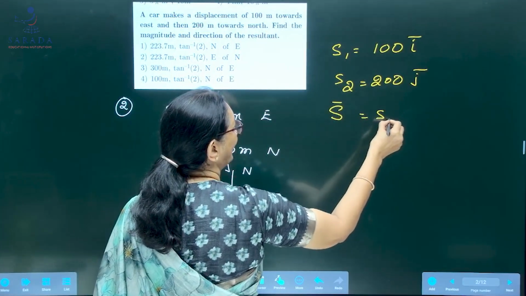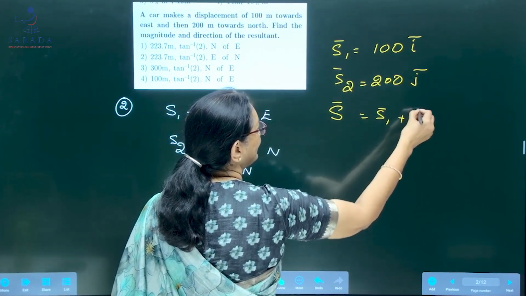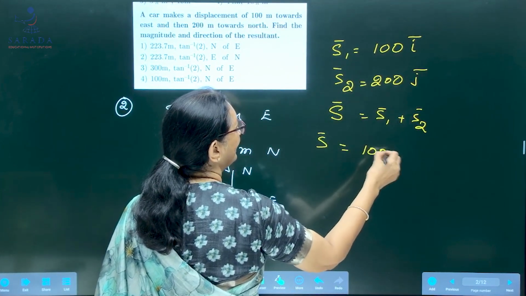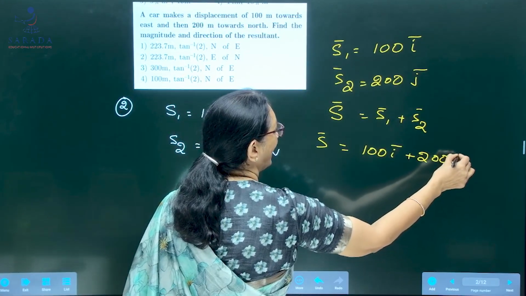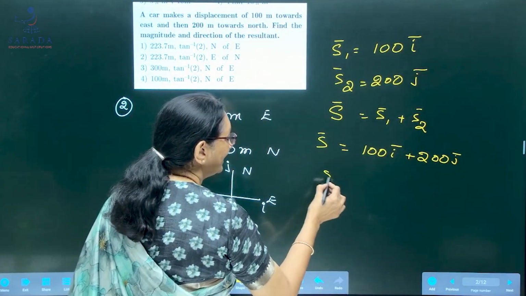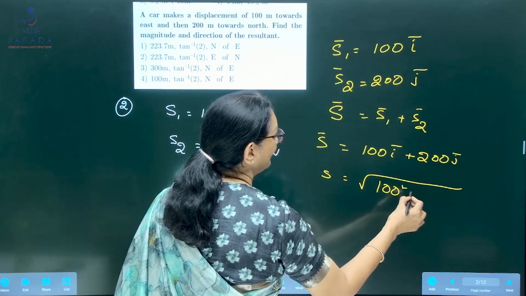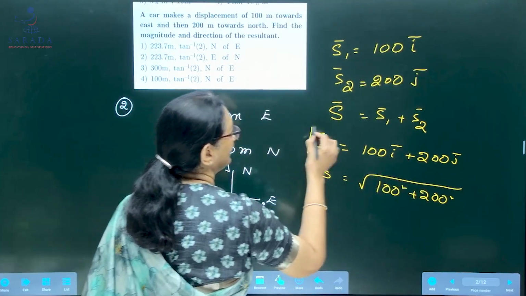Resultant displacement is S1 bar plus S2 bar, that is S is equal to 100 I bar plus 200 J bar. So, the magnitude is given by the square root of 100 square plus 200 square, isn't it?